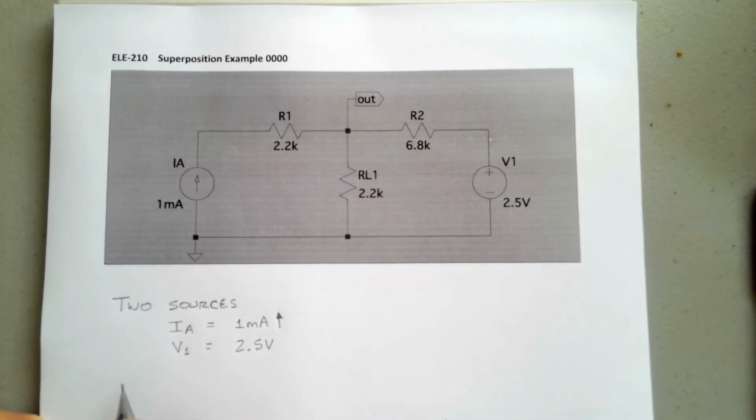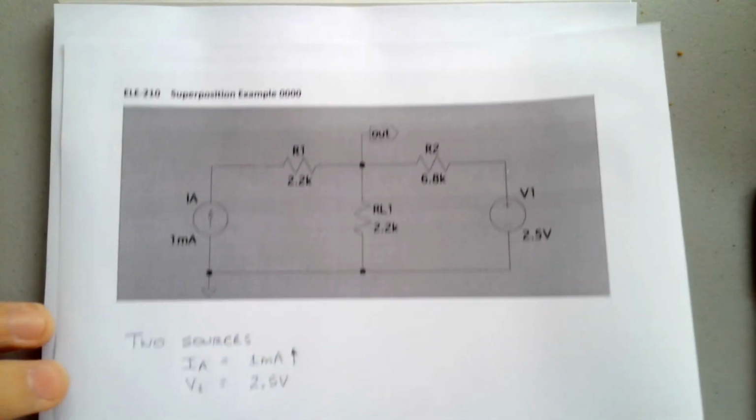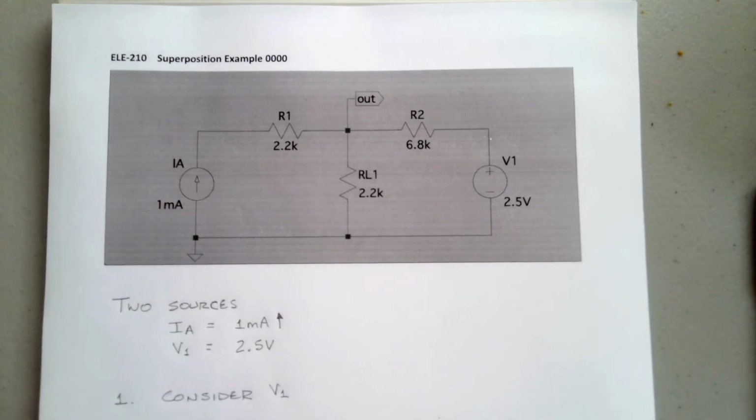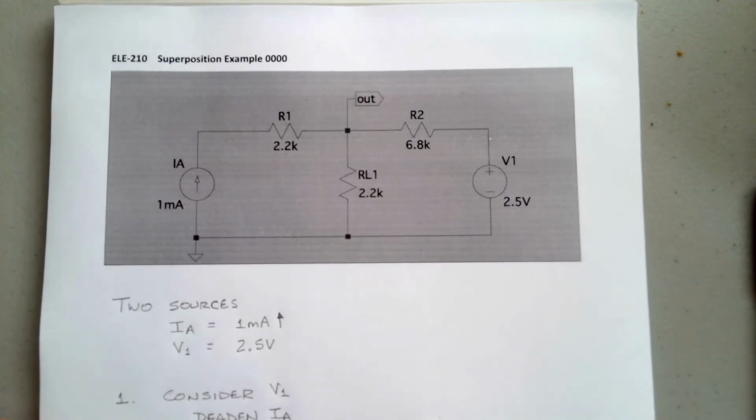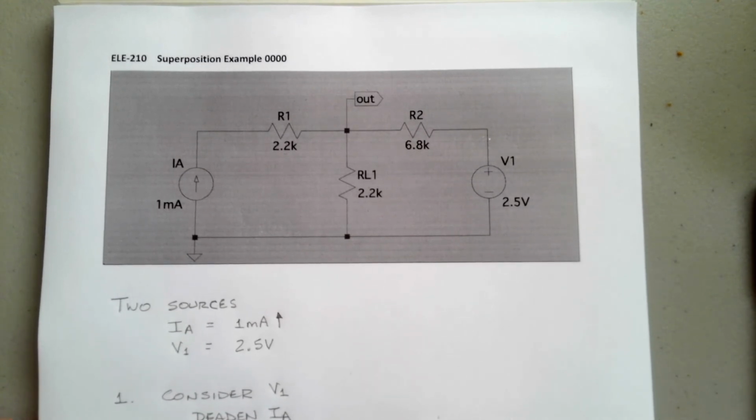Okay, so in our steps, we'll need to consider V1 first, which means we'll have to deaden IA and compute VRL, this is RL1 there, or IRL, either way.